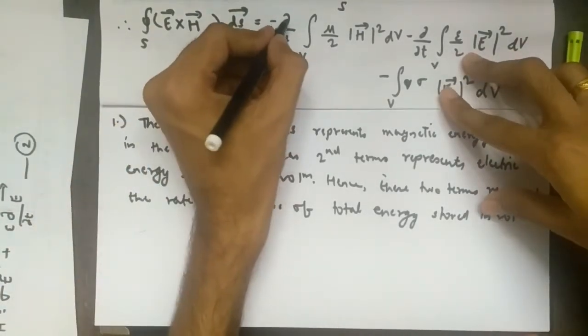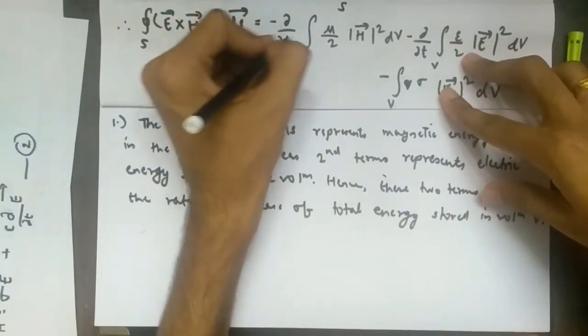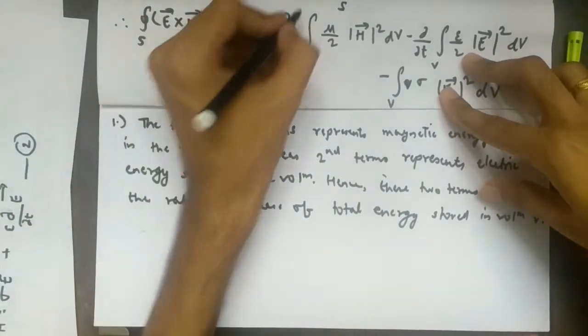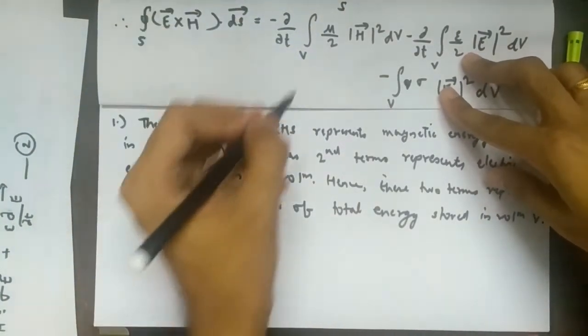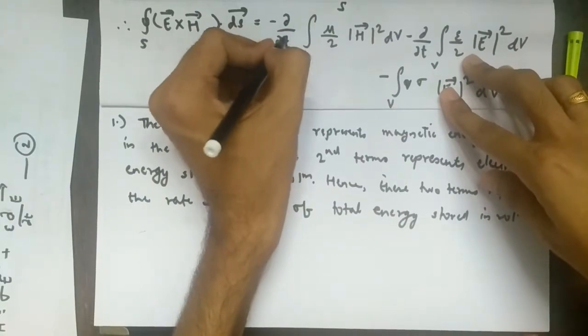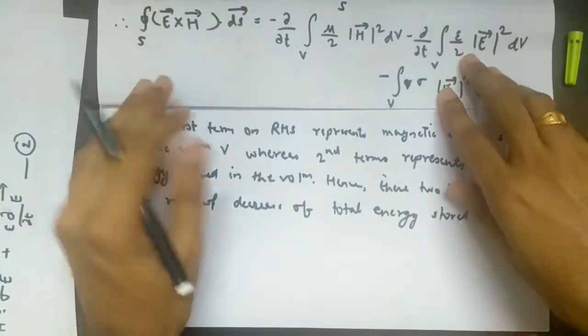Can you think? Rate indicates time, so ∂ by ∂t. That's why rate of decrease. And why decrease? Because it is negative, so it is decreasing with respect to time. As time passes, it is decreasing, right?